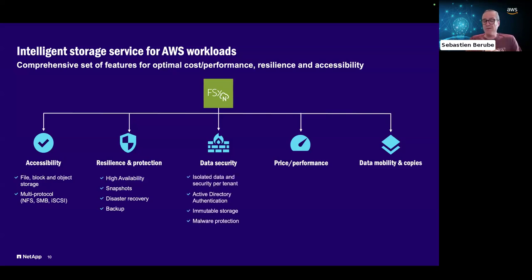Number one, we offer storage virtual machines. What storage virtual machines are is you have FSx as your container, and within that container, you provision an amount of throughput and an amount of storage that's available for all of the clients that are going to connect to your file system. But within that container, you can create logical subcontainers. Each one of those can be configured independently. They can authenticate to a different Active Directory or LDAP server if you want.